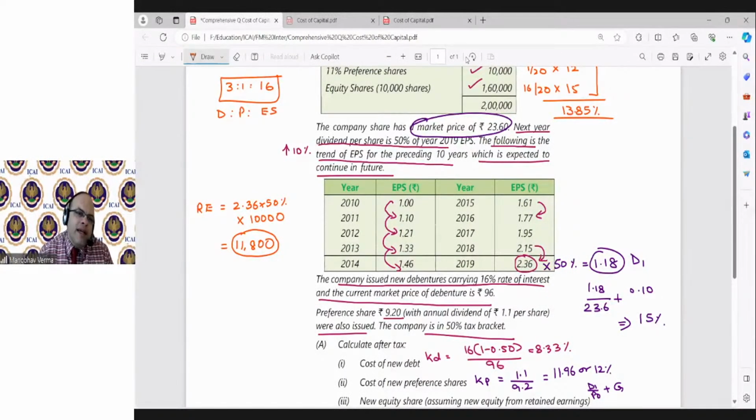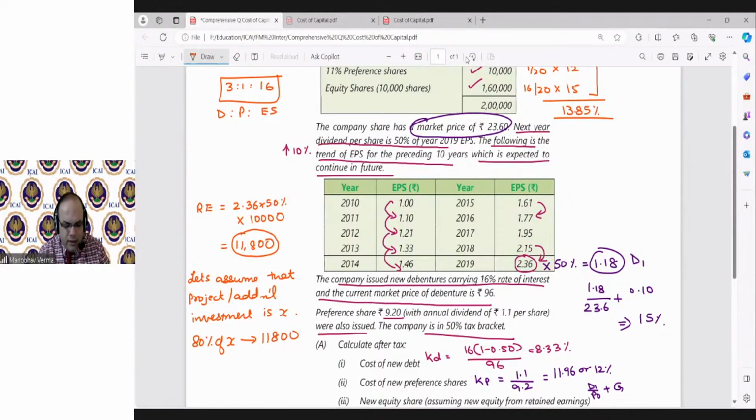If I were to invest X amount, let's assume that the project or additional investment is X. Can I say 80% of X is retained earnings, 11,800?